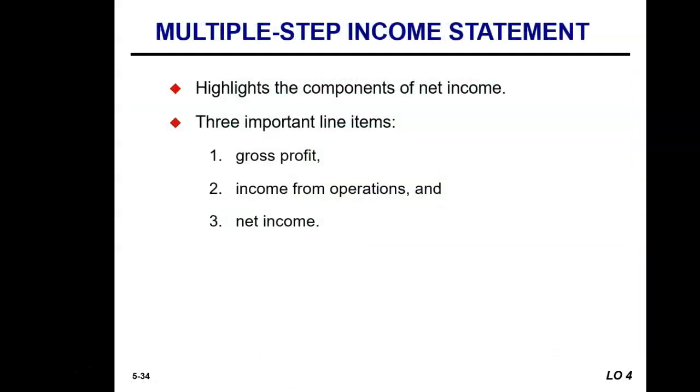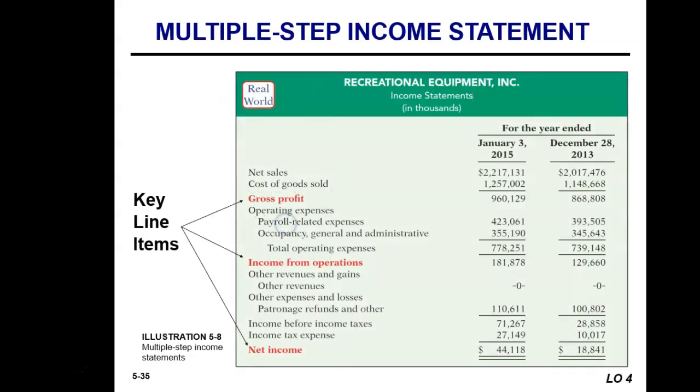With the multiple step income statement, we have three important sections: the gross profit section, the income from operations section, and net income. You must understand how to calculate each of these components. Let's begin with our gross profit calculations.